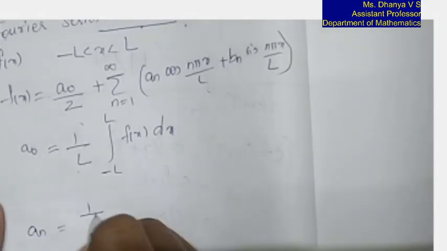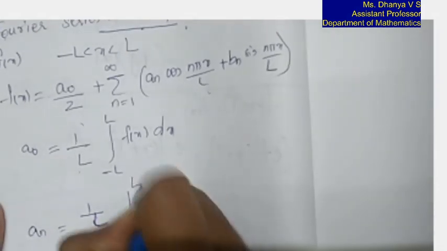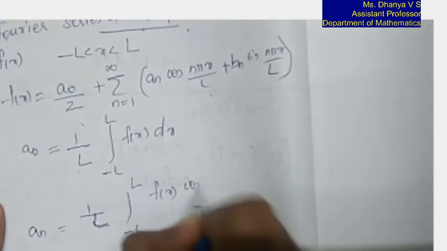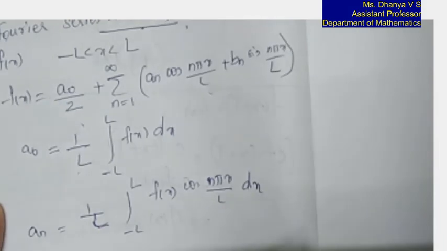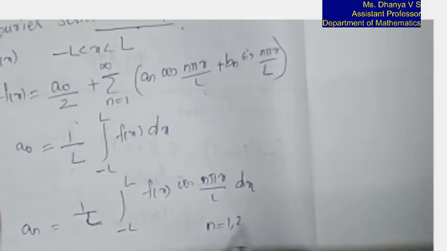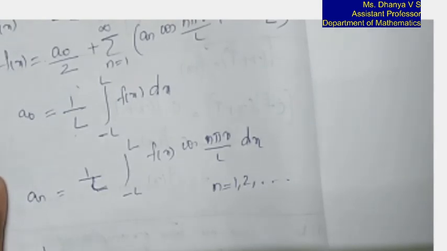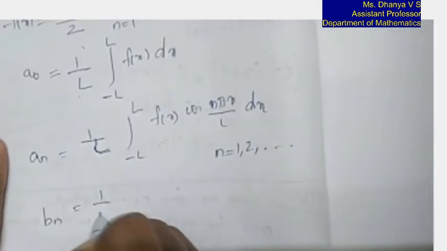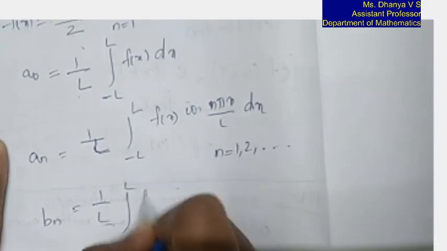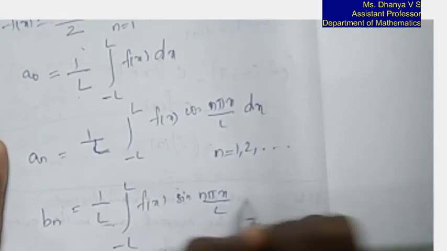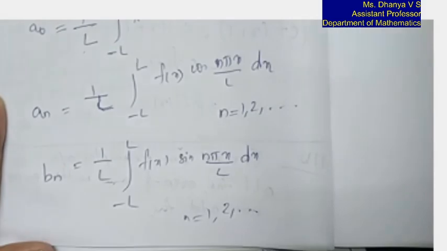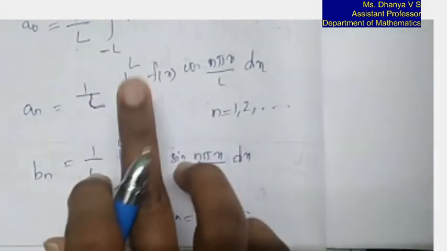a_n is equal to 1 by L integral from -L to L of f(x) cos(n pi x/L) dx, where n equals 1, 2, 3, etc. And b_n is equal to 1 by L integral from -L to L of f(x) sin(n pi x/L) dx, again n equals 1, 2, 3, etc. This is called the Euler formulae.